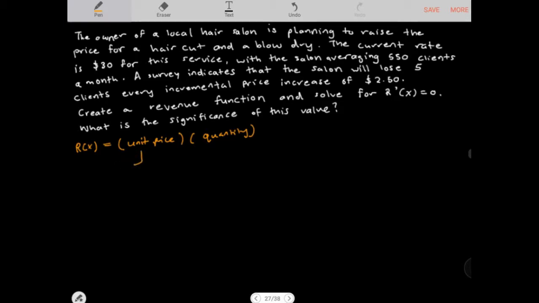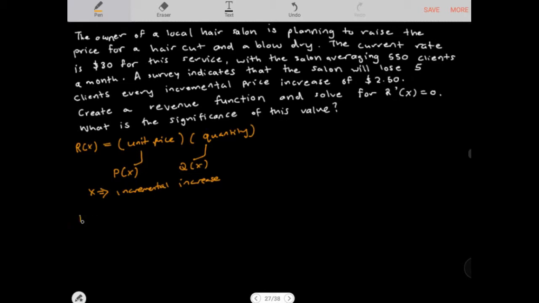So for the unit price, or the demand function, I'm going to call this P of x. For the quantity function, I'm going to call this Q of x. And I'm going to let each of these be relative. x is an incremental increase, and we'll define what that means.